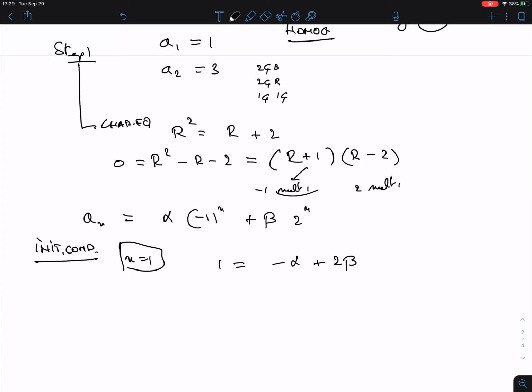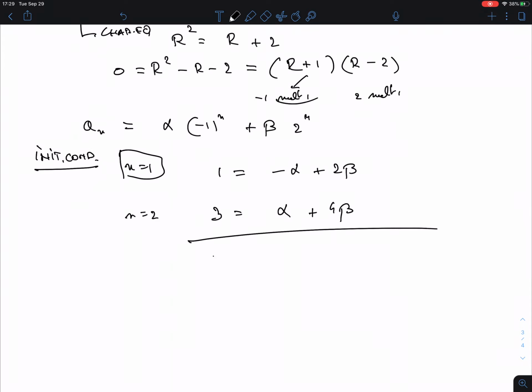If I plug in 2, then there are 3 solutions, and on the right hand side I get alpha times minus 1 to the power 2, that is plus 4 beta. Okay, so I can add these, for instance, 4 equals 2 beta, so I see that beta is 2. And if beta is 2, from this one I can see that 1 is equal to minus alpha plus 4. So that means that alpha is equal to 3.